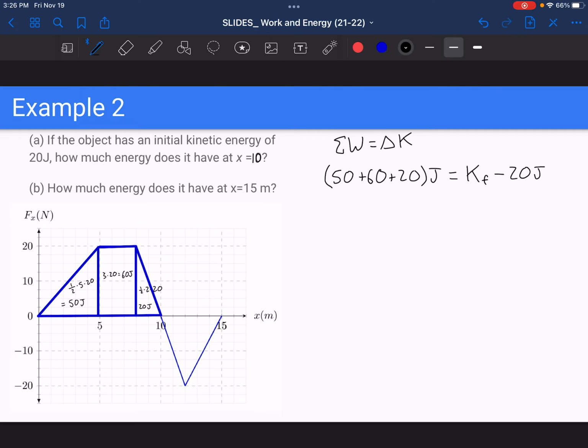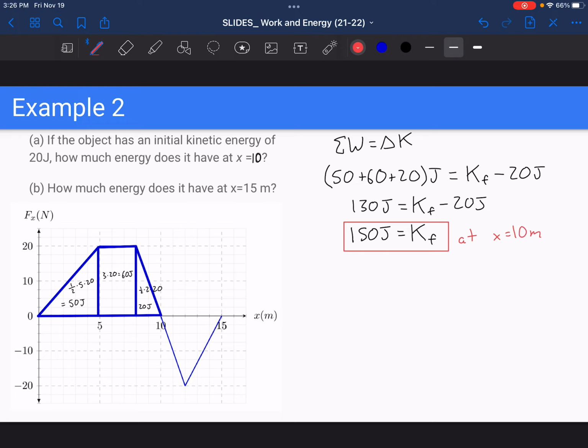So the final kinetic energy is going to be 50 plus 60 plus 20. Let me just write that out. This is 130 right there. So that means 150 joules should equal our KF right there. So that is the energy it has specifically at x equals 10 meters.